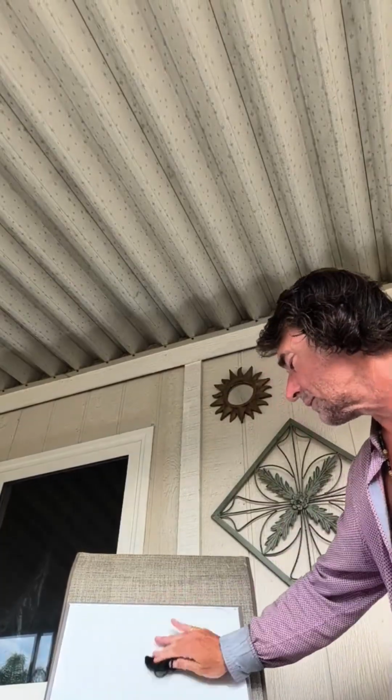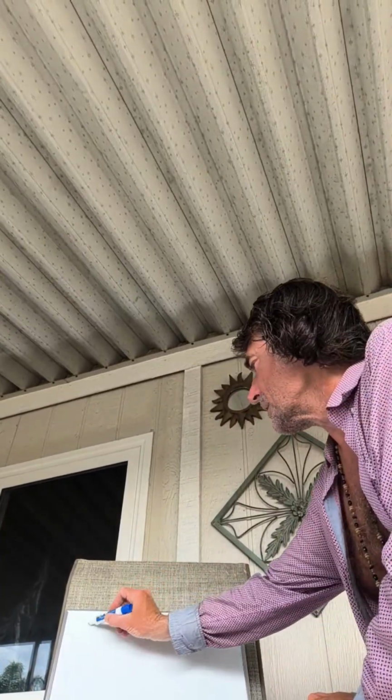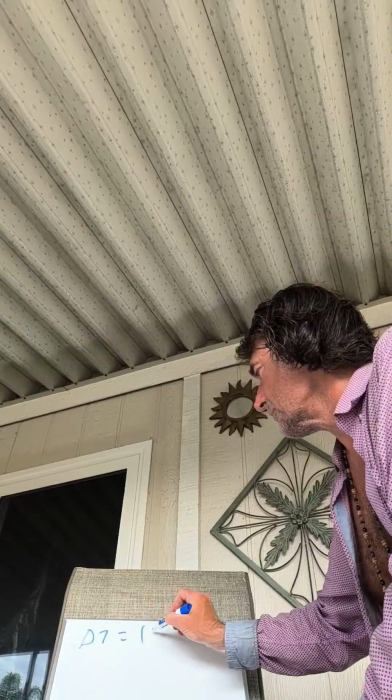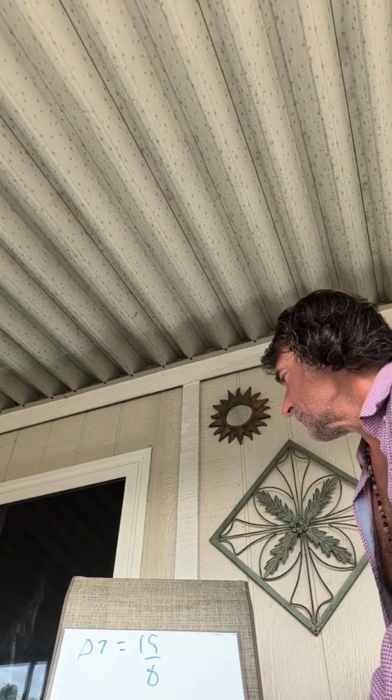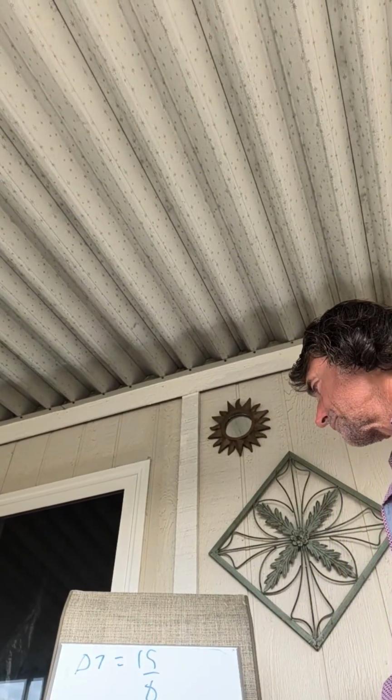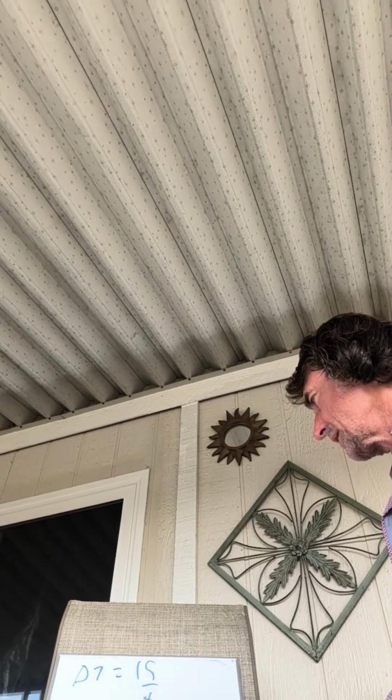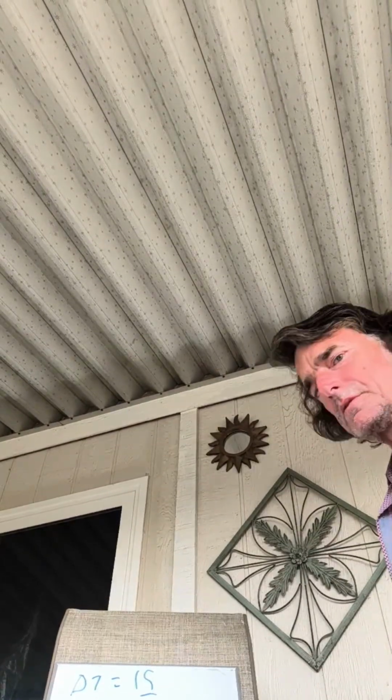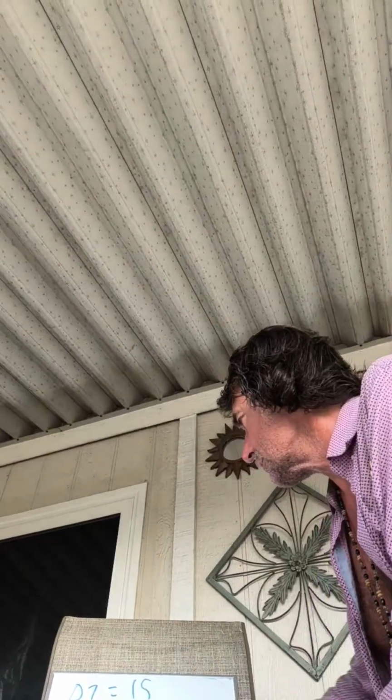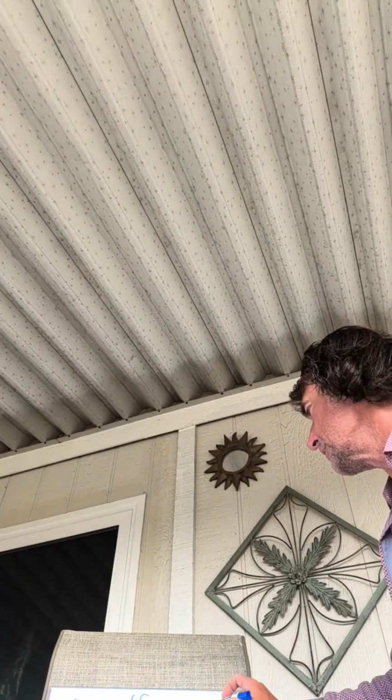Somebody's calling me. If a major seventh is 15 over 8, then since a double octave, oh actually no, 2, 4, 8, 16. Oh yeah, 2, 4, 8, 16.